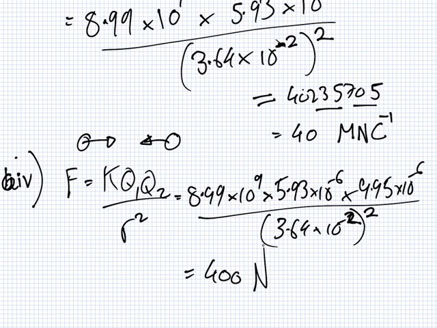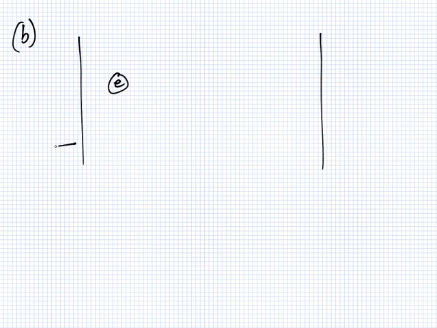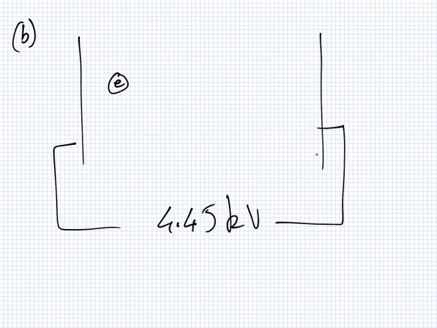Now, an electron or proton is accelerated from rest through a potential difference of 4.45 kilovolt in a horizontal direction.